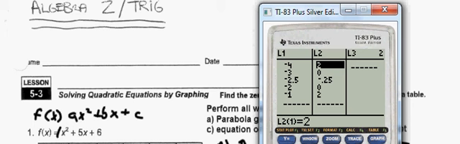the y values, the f of x values, the function values for the x inputs. So at -4 I'm going to put 2, at -3 I'll put 0, at -2.5, of course we already know that's -0.25, at -2 it's 0, and at -1 it's 2.